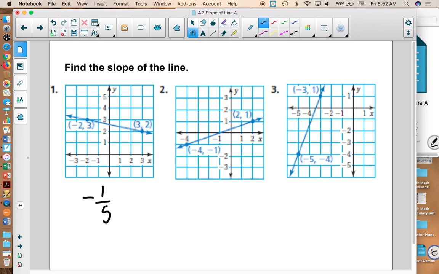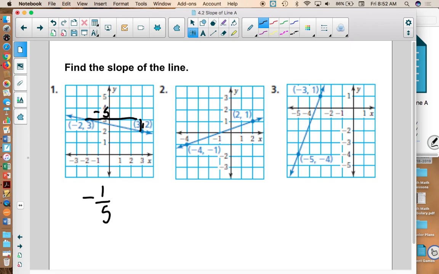And you can do it one of two ways. You can look at it and count: I'm going up 1 and I'm running 1, 2, 3, 4, 5 to the next point, and I ran in a negative 5 direction, and that's 1.